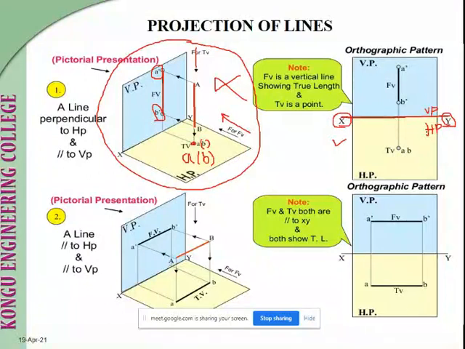So pointsல சில பேர் வந்து பார்த்தீங்கன்னா இந்த VP, HP மார்க் பண்ணாம இருக்கீங்க. So it is a common one. You have to do it for each and every problem. You have to draw a reference line and mark it as X and Y, and also with that you have to mark vertical plane and also horizontal plane.